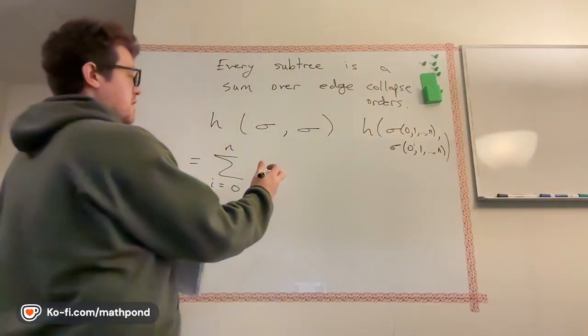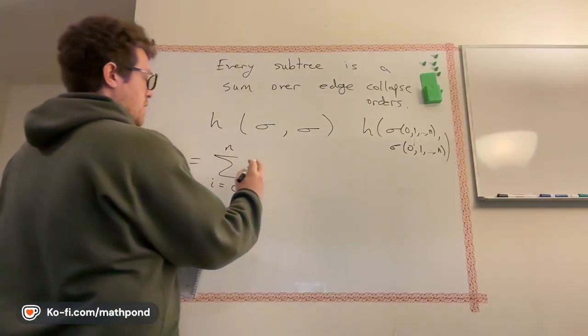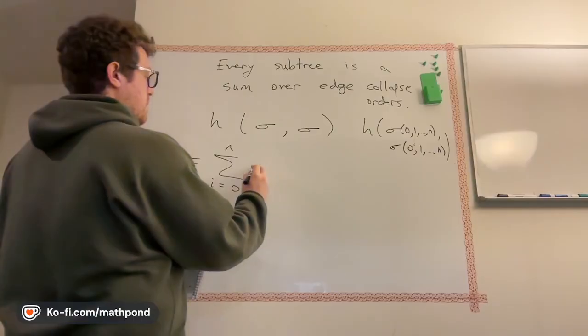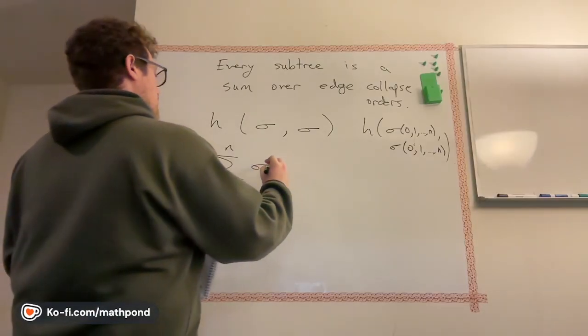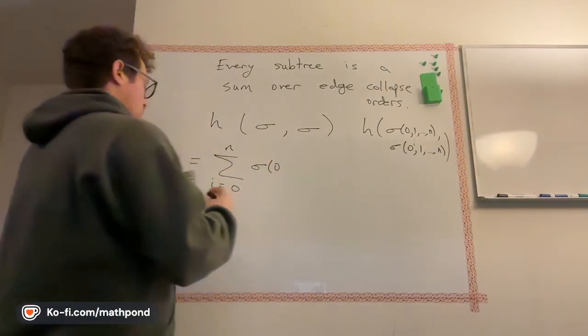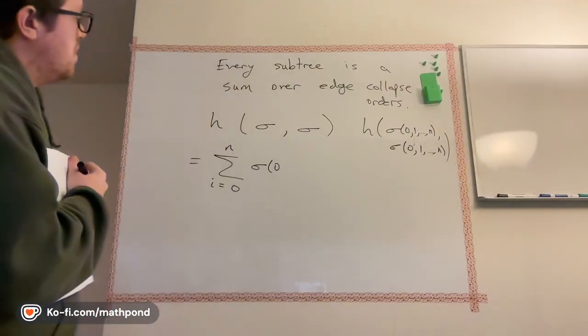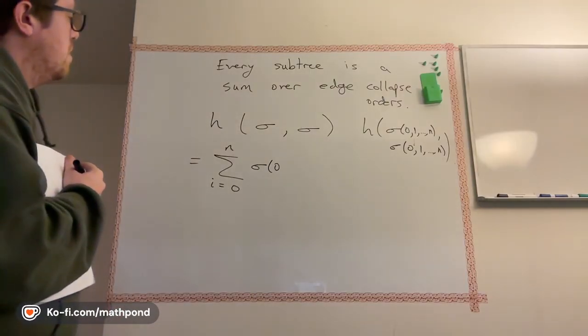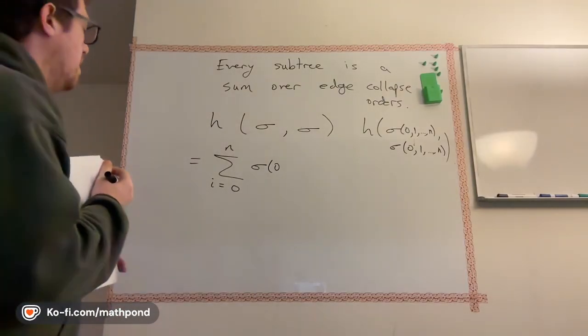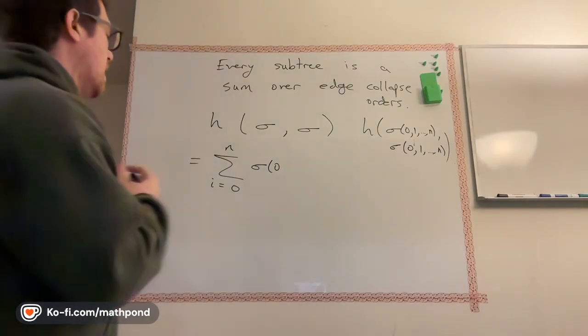So it's going to be sigma, what's the best way to write this out? Right. Yeah, I think I got it.